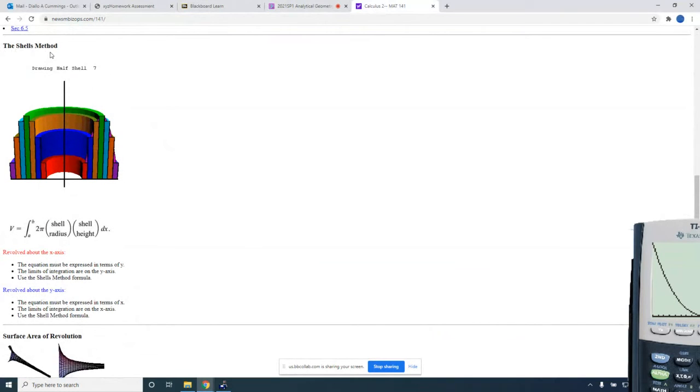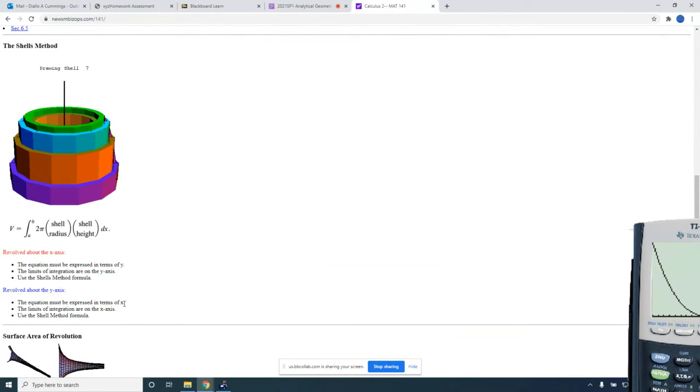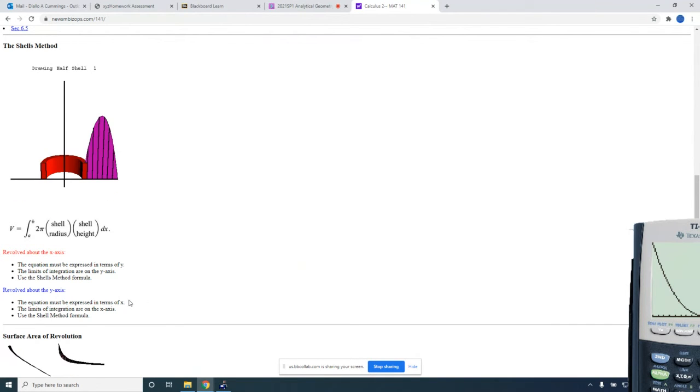We are rotating about the y-axis, so our equation must be expressed in terms of x. And our equation was 10x squared minus x cubed, so this condition is satisfied. The limits of integration are on the x-axis.